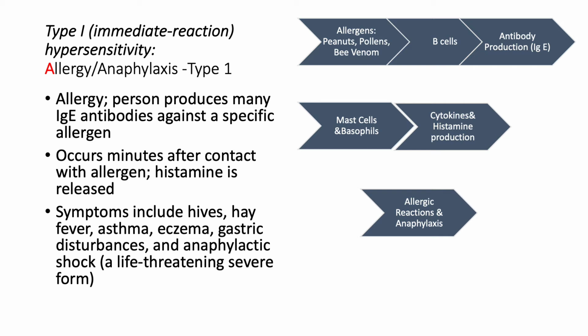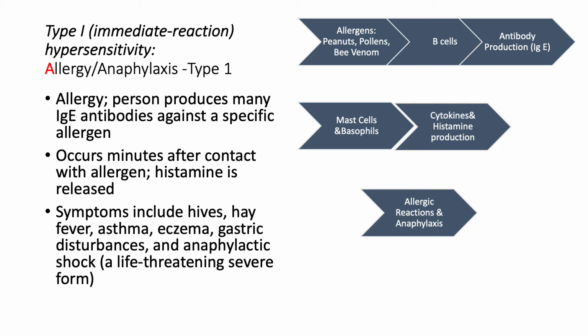In the initial exposure to the allergen, for example peanuts, penicillins, pollens, or bee venom, the B cells are sensitized. The B cells start antibody production. The specific antibody related to the type 1 immediate reactions is the immunoglobulin E type.